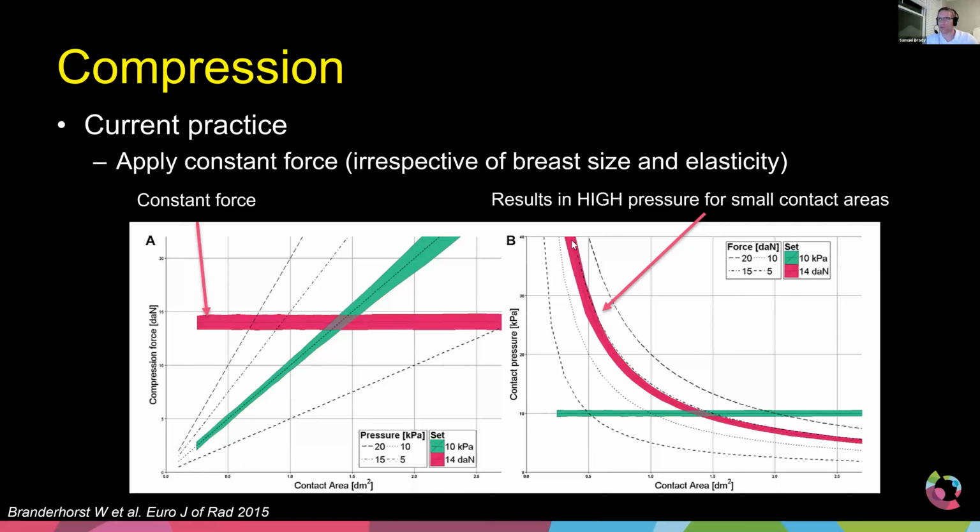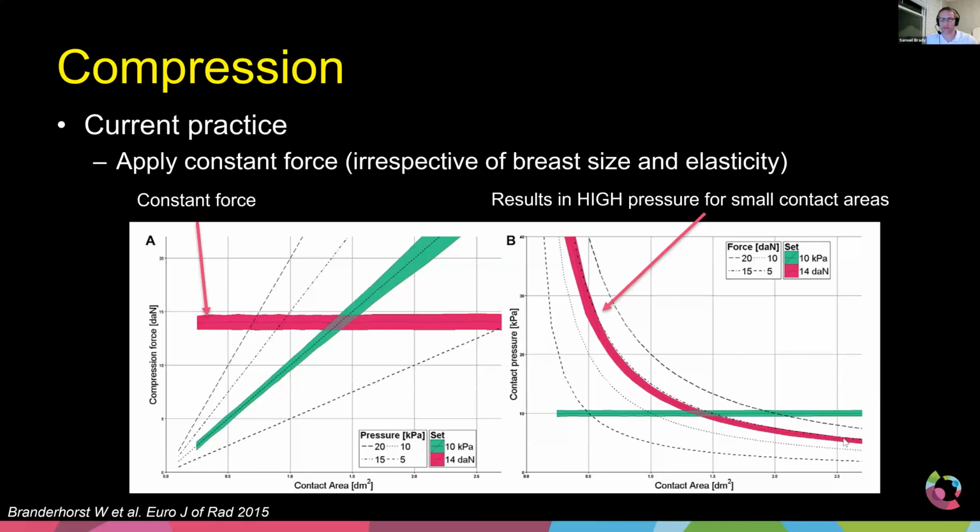This pressure goes really high, and that's going to hurt. Whereas if it's on this side and you're still using the exact same 25 or 40 pounds, but it's a larger area because it's a larger breast, then it causes problems down here where you're not compressing it enough.